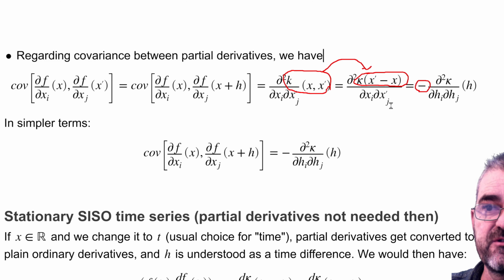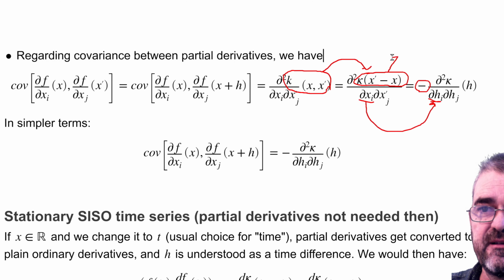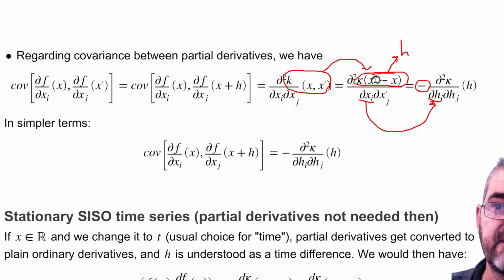So we get this minus arising from this derivative. As this difference is h, we need to take the derivative with respect to the ith coordinate of h and change sign, and then the derivative with respect to the jth coordinate, x prime here, jth coordinate of h here. Well, we will not need any further sign changes.